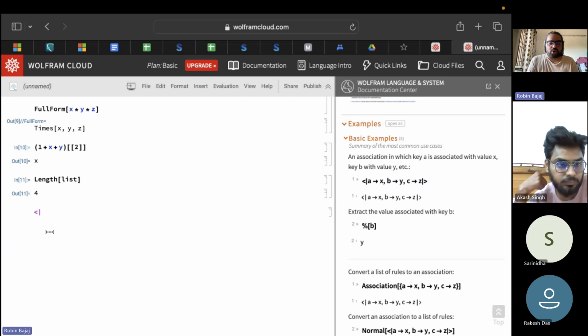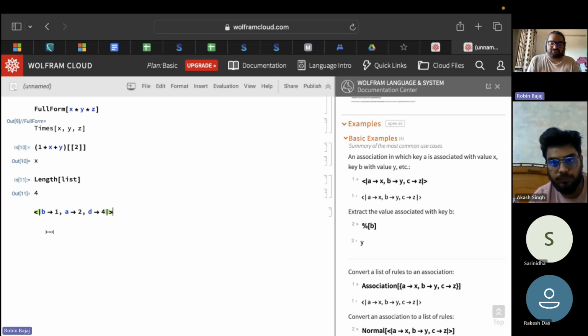For example, I want to associate 1 to letter B, so it would be B arrow 1. Then I want to associate 2 to A, and let me associate 4 to D. You know how I'm putting all these symbols, right? Yes, sir.